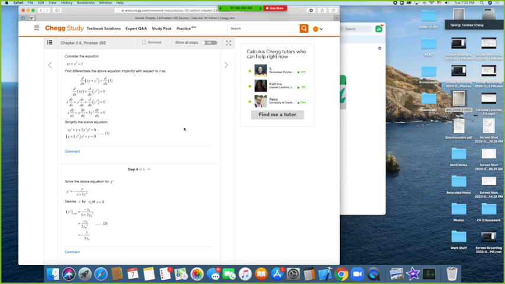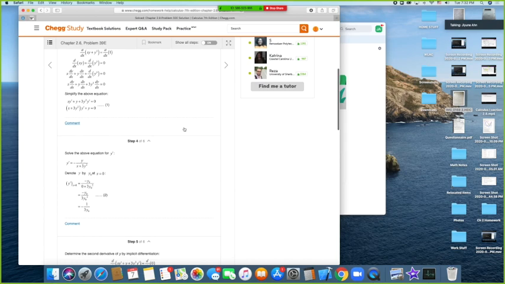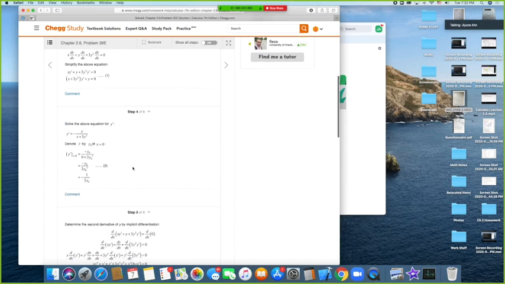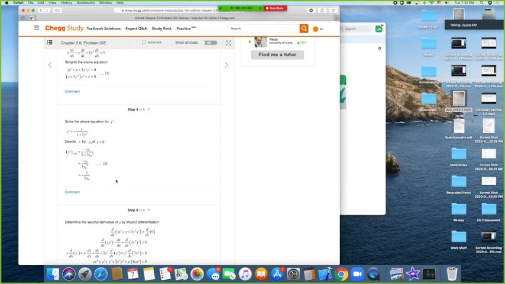Okay. So that part, I understood that, right? And then when you get down to y equals x plus 3y squared, they start using this subscript, and I'm like, okay, I haven't seen that before.